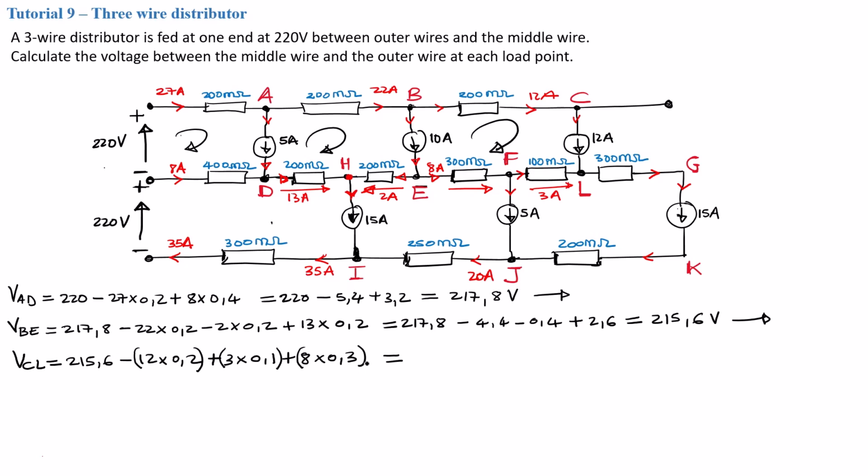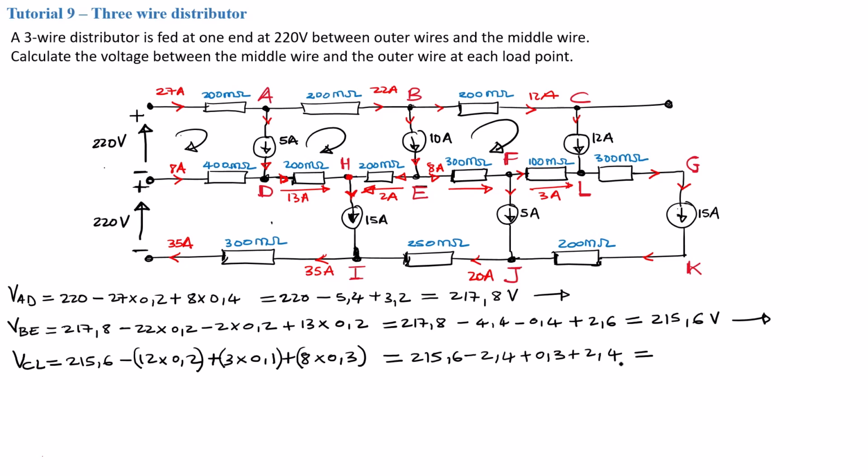So summing all of these up, it's going to be 215.6 minus 2.4 plus 0.3 plus 2.4. And that's going to be equal to, so you basically must just sum it up.